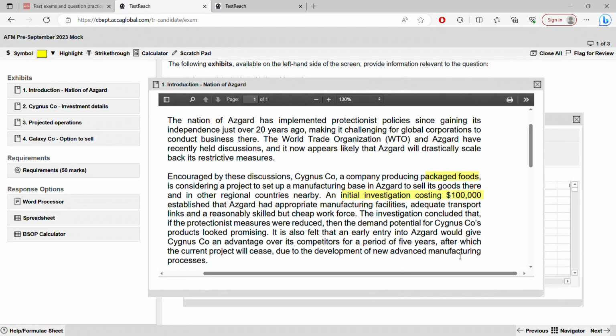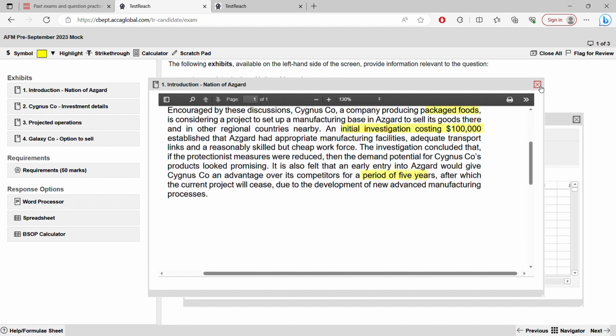And all these things that going earlier will give them advantage, then the demand will increase by reducing protection measures. All these things has been discussed there, and this is for a period of 5 years, okay? This project is for 5 years. After that it will cease. So now you know you have to calculate cash flow for 5 years, okay? That's what this says, nothing much.